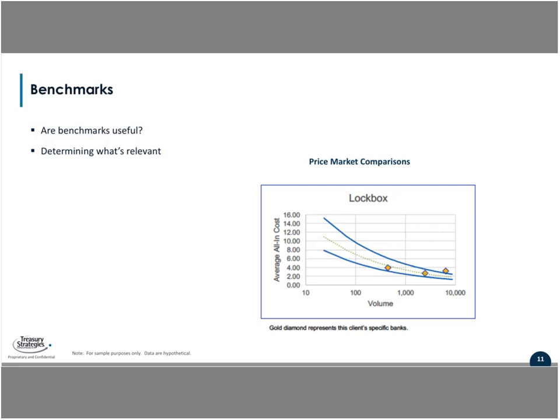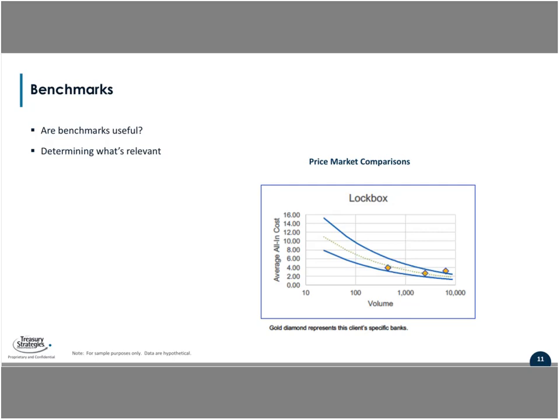On this particular in-depth chart, we see the high end of the range, the low end of the range, and the median. It's interesting, the highest number would be that diamond. The 3 diamonds are the 3 lockbox banks that our demo clients are using here. And the leftmost, at a volume of about 600, is $4 an item, which is the highest of all 3 of the diamonds.